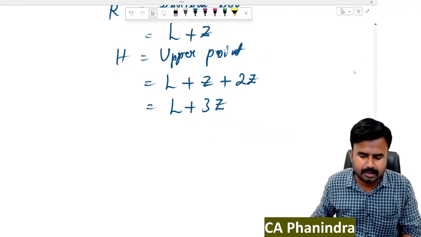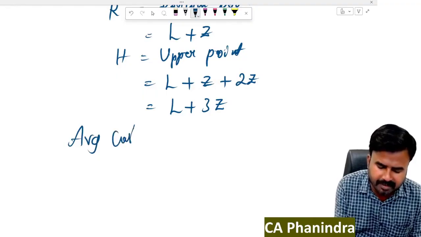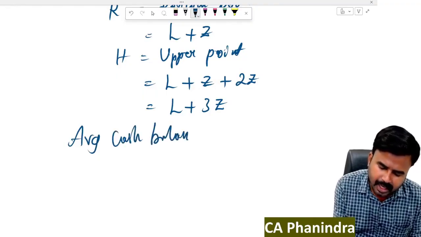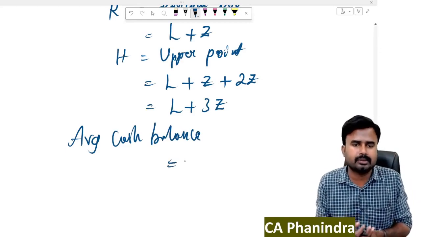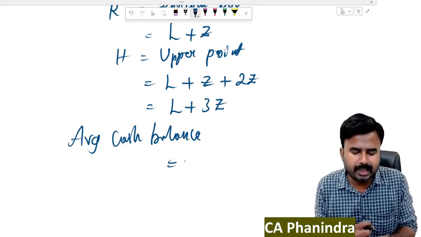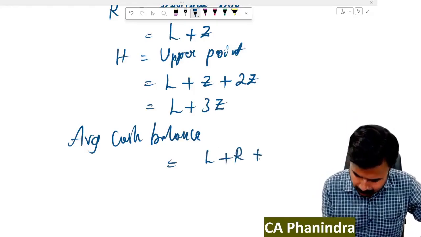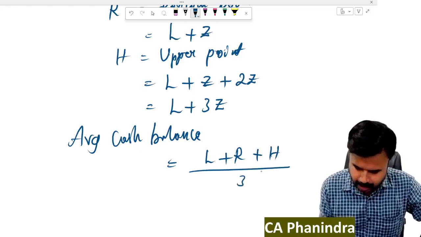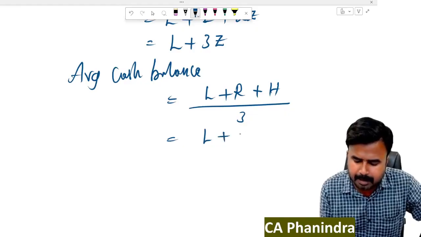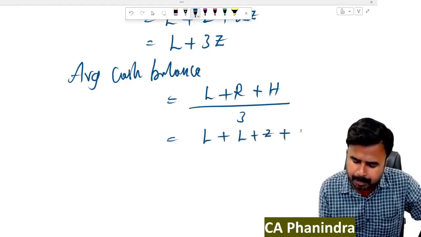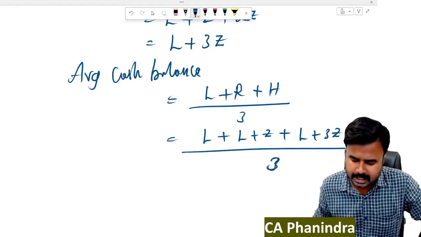L plus 3Z. And I can also write one more formula called average cash balance. The average cash balance is nothing but the lower point, upper point and return point, these three terms averaged. L plus R plus H by 3. L means L, R means return point, L plus Z. H means upper point, L plus 3Z. Divided by 3. This is the formula for average cash balance.